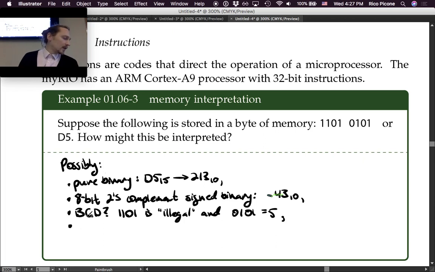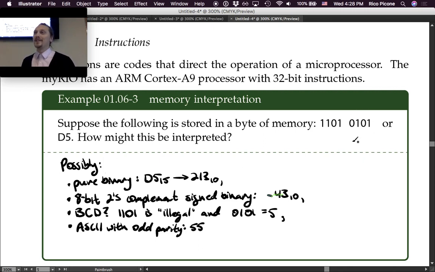Okay. What about ASCII? Maybe with odd parity, because 1, 2, 3, 4, 5. So if you look up the ASCII character for this, looking up with the 7 bits is fine, but it's also kind of hard to look at.